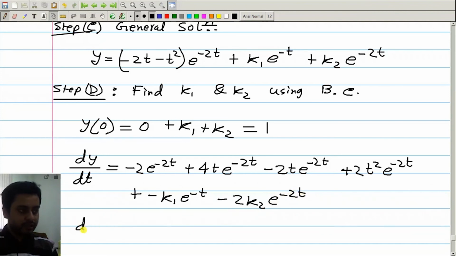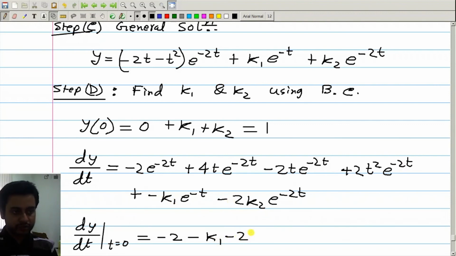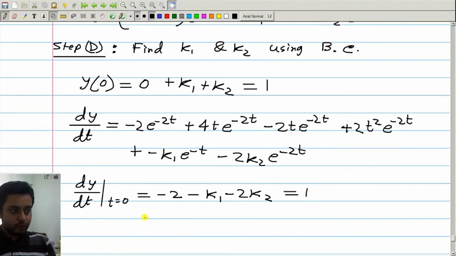Now putting time t equal to 0, we shall get minus 2, then 0 0 0, here minus k1 minus 2k2, and this is given to be equal to 1, which means k1 plus 2k2 is equal to minus 3. K1 plus 2k2 equal to minus 3.